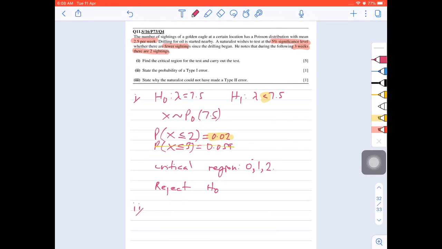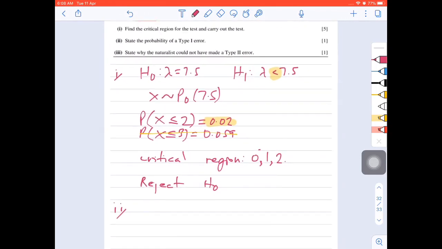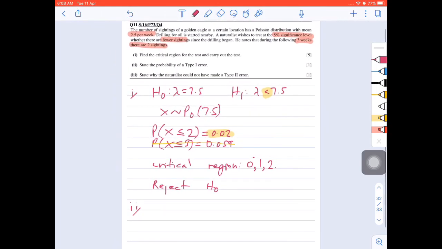Second part, state the probability of a type 1 error. So the type 1 error probability will be the probability of X less than or equal to 2, because rejection is from X less than or equal to 2, and that will be 0.0203.